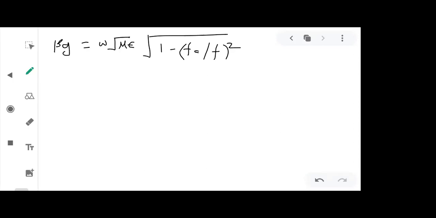So you can see that if your operating frequency f is larger than fc, then beta g is going to be real in nature. Now if we remember, the propagation constant gamma in any medium is given by alpha plus j beta, meaning it comprises the attenuation constant and the phase constant.